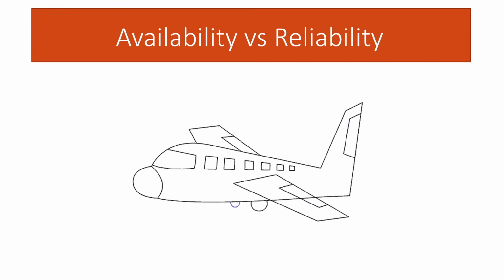If you have a plane that needs routine maintenance, you can have a backup plane that rolls out and takes over that flight. But for a plane, the number one thing you want to do is make sure it's reliable, because once that plane's in the air, you do not want a failure. So this is just a real world example of what I was talking about earlier, where depending on what you're doing, the trade-off of availability and reliability is going to be very important.